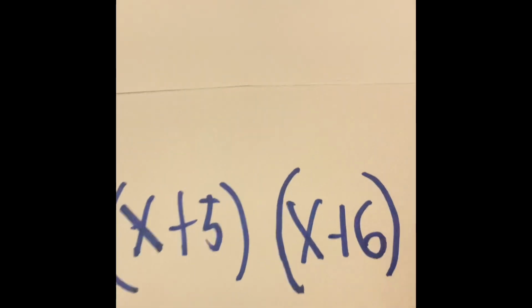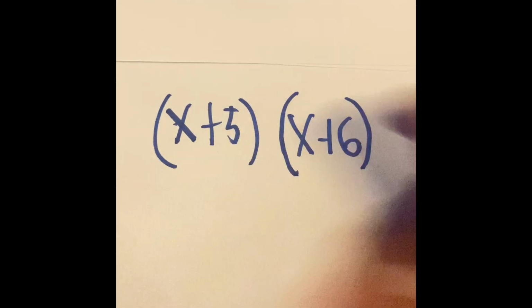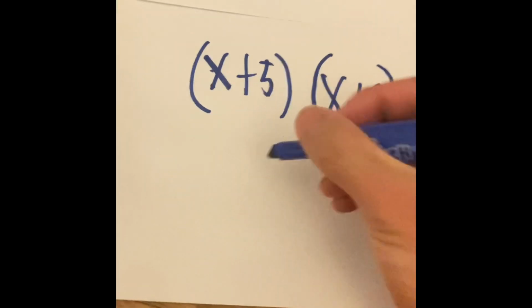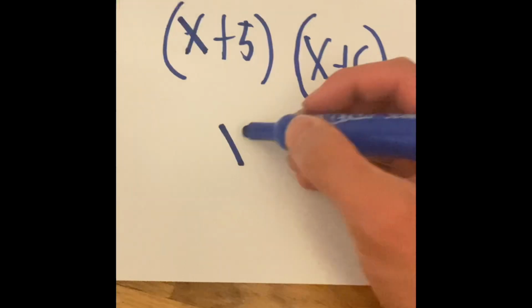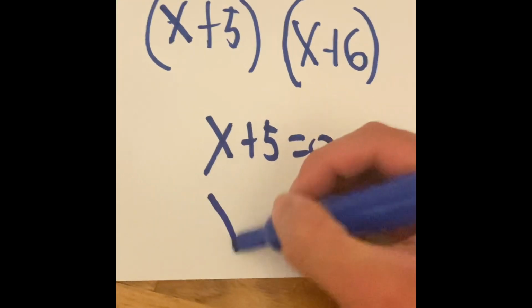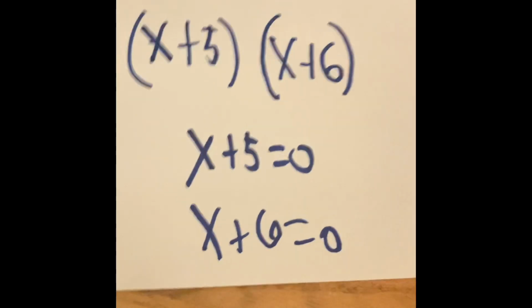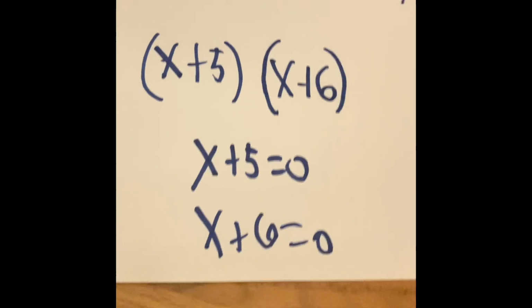When we do that, we're going to take these two expressions, drag them out, and set each equal to 0. x plus 5 is going to equal 0, and x plus 6 is going to equal 0. When you isolate x, you will find your answer.